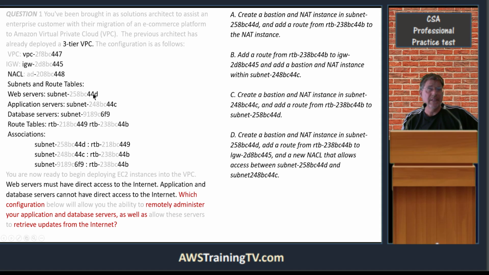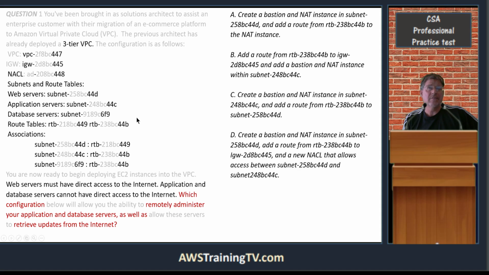The web server is D, C, and you can see these are the only important pieces, looking just at the last three characters. If you're taking the test, you could maybe write some of these down on a sheet of paper, but just get these in your head. The focus here is the web servers must have direct access to the internet. We discussed that. And the application and database servers cannot have access to the internet.